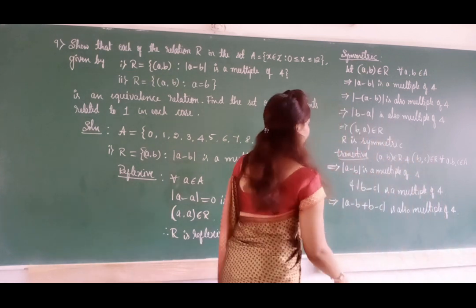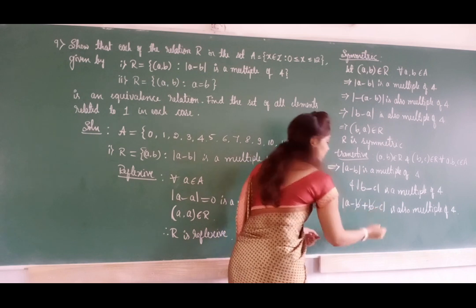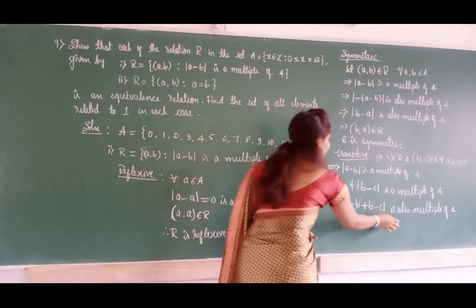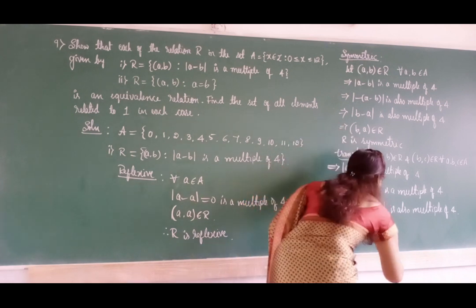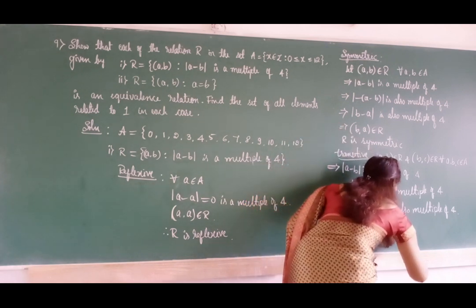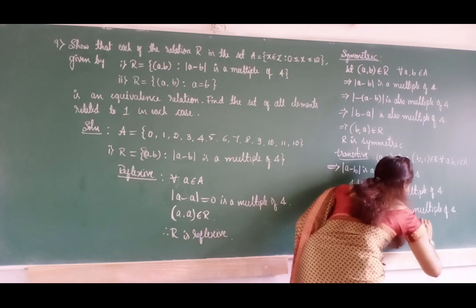Understood? So observe here, minus B plus B get cancelled and the remaining is modulus of A minus C, a multiple of 4.